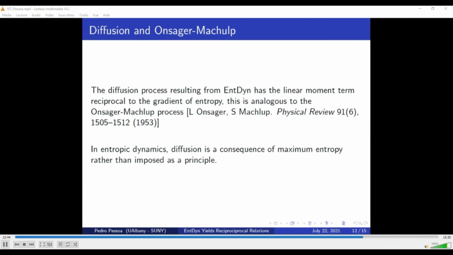The main difference between the two is that in entropic dynamics, diffusion is a result of maximal entropy of the transition probabilities, while in Onsager-Machlup it is only expected as a mathematical extension of Onsager away from equilibrium.